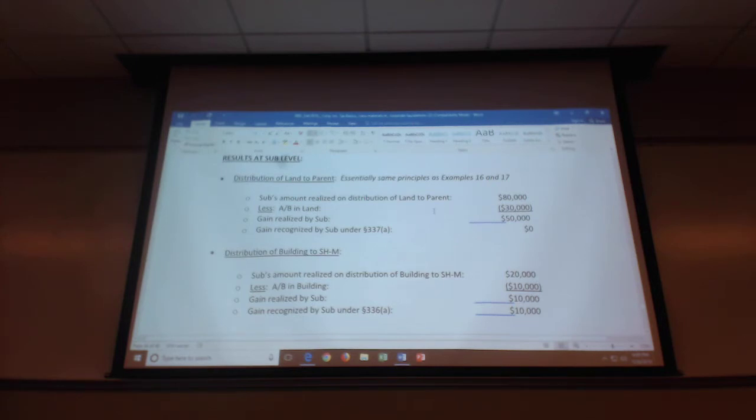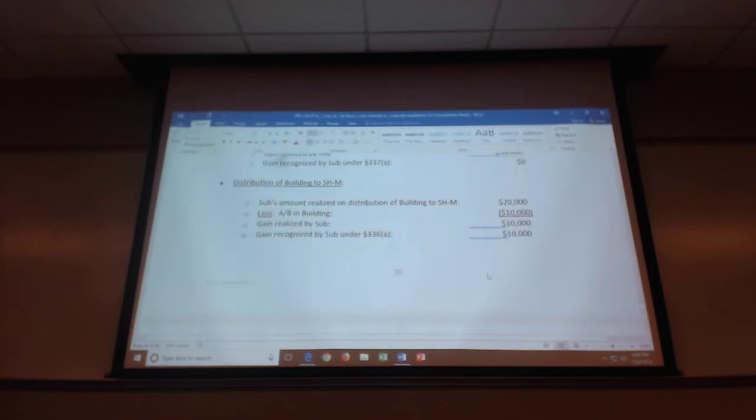That's still a non-recognition event at the subsidiary level. So you get the picture here. You have a bifurcated treatment under which the subsidiary avoids a taxable event to the extent that it distributes appreciated property to the 80% or more parent corporation, but not for the stuff that gets distributed to the minority shareholder.